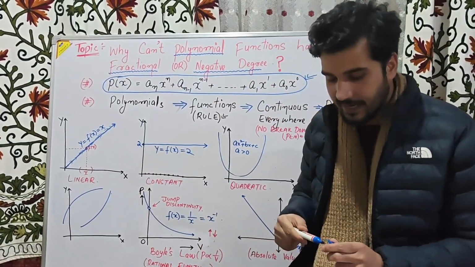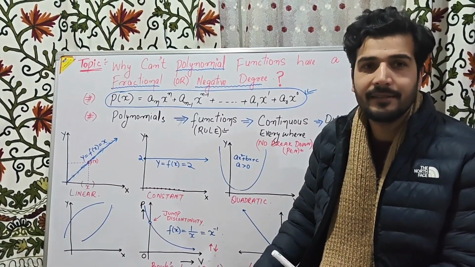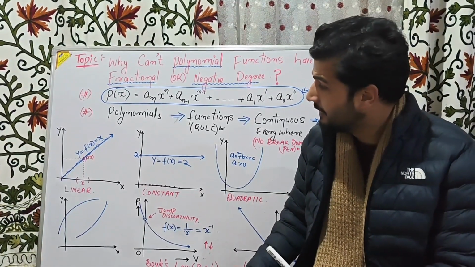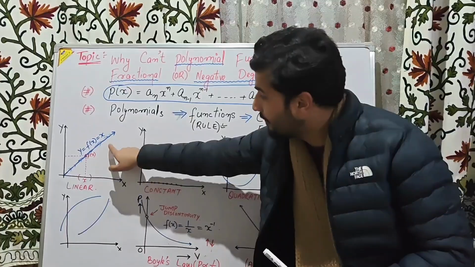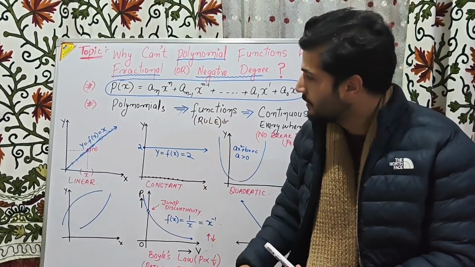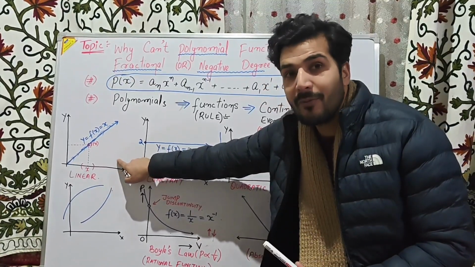A tangent can be drawn at every point on this graph, right? And the graph of this linear function is smooth.